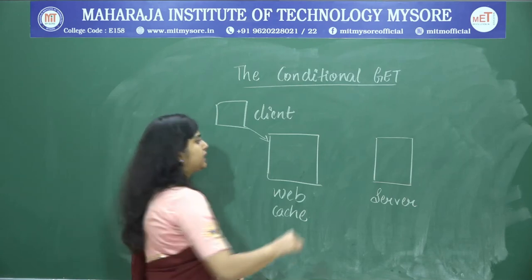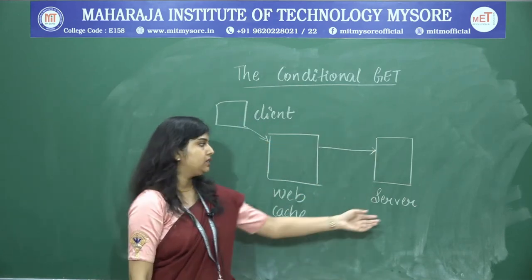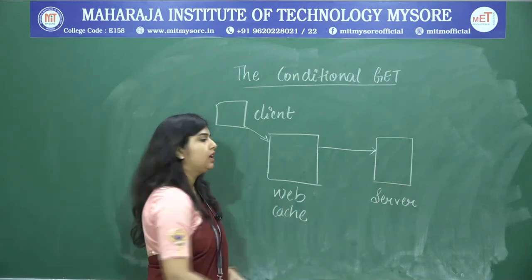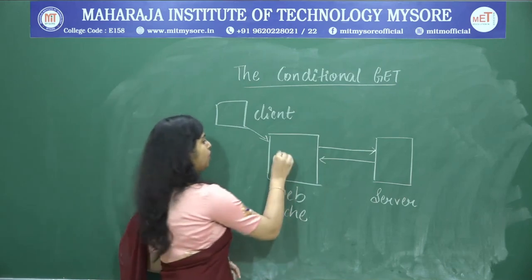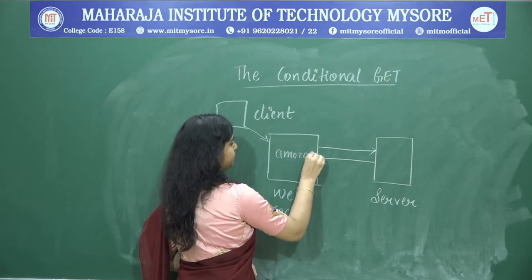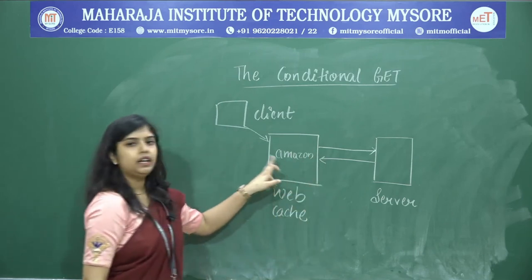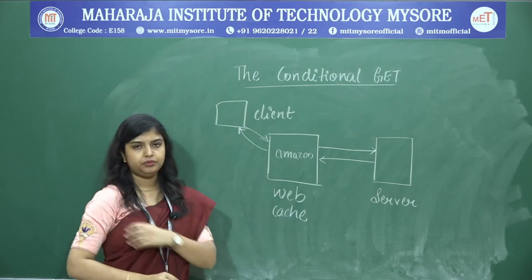So it sends the request to the server, and the server responds with the Amazon page to the cache. The cache makes a copy of the Amazon page and then sends the response to the client.